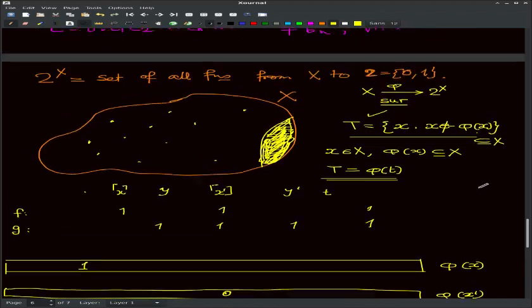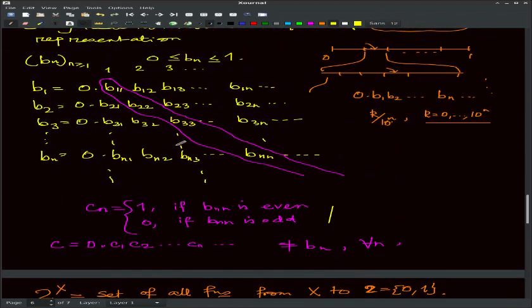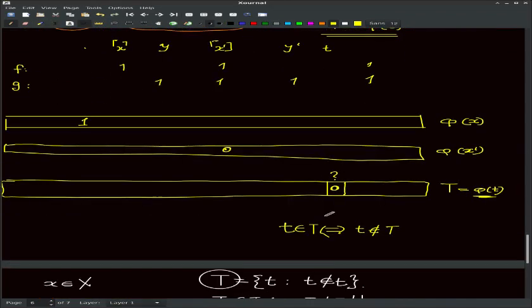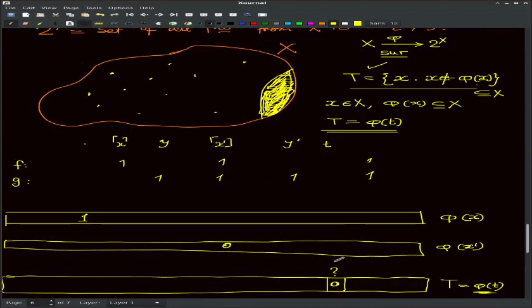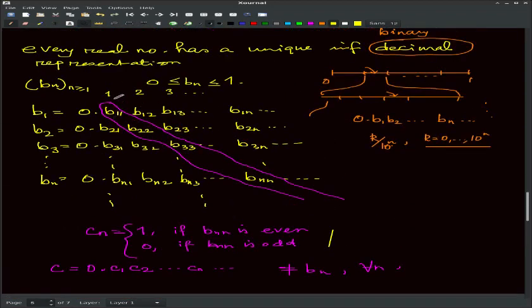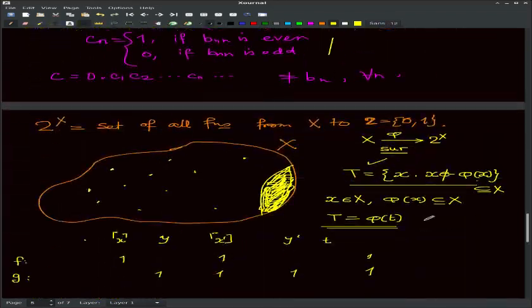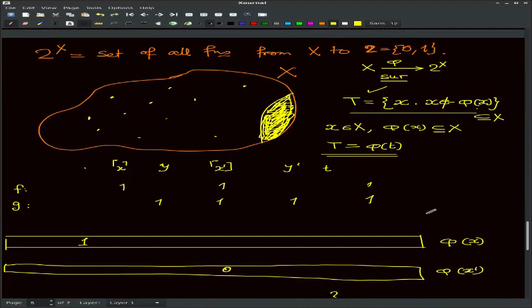Okay? So you see, if you write it out in this way, it is exactly some kind of diagonal argument. Right? T phi t. That's what you're looking at. The value of b at 1, 2, so you're looking into that, right? So it's the same idea. The idea wise it's the same thing.